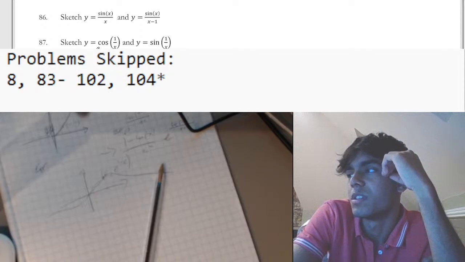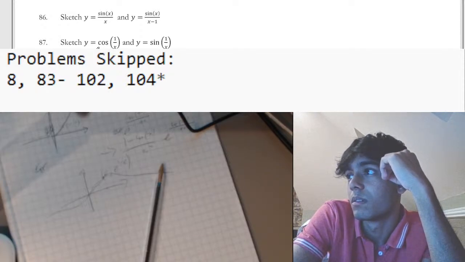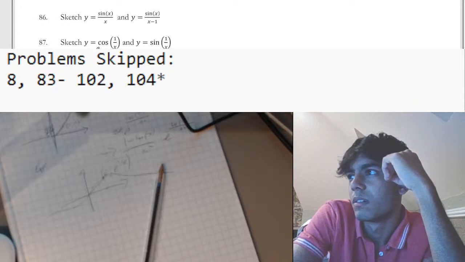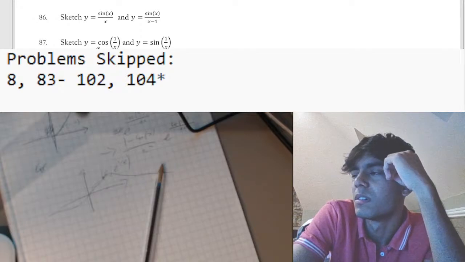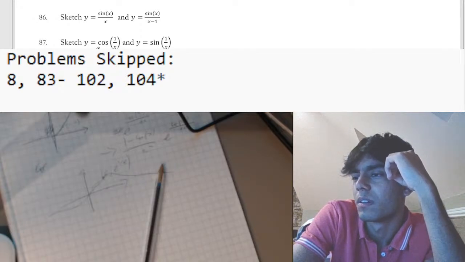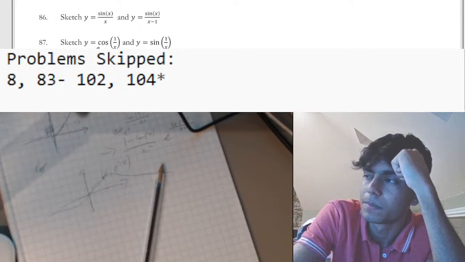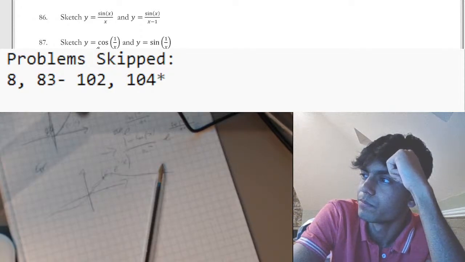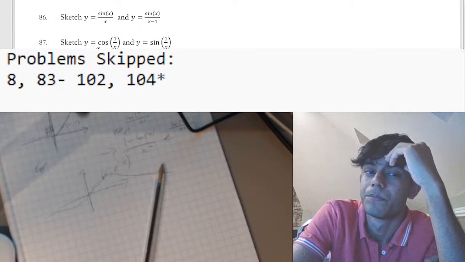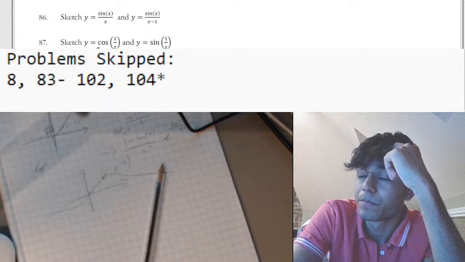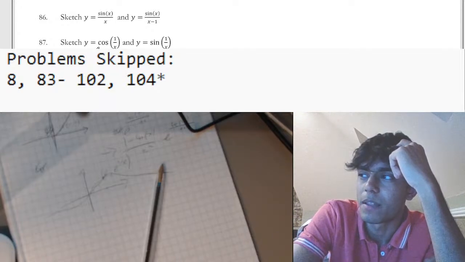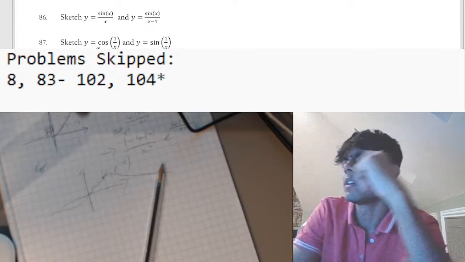If it's very close to 0, it's kind of like an asymptote. Not really. Okay, so you have roots at multiples of, say, pi. Okay, so I'm thinking it's gonna be like this.